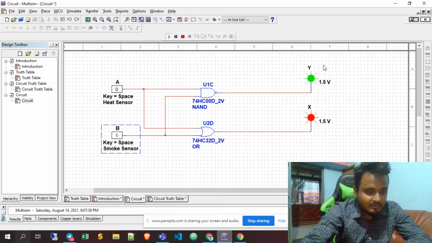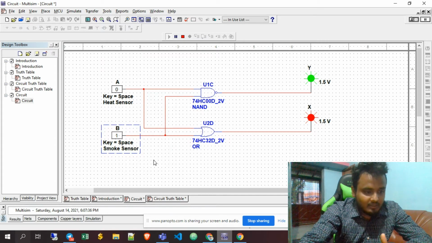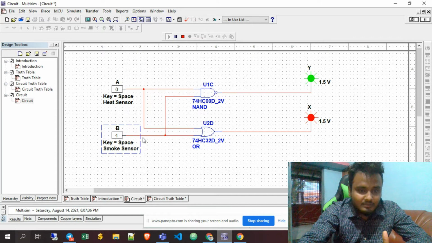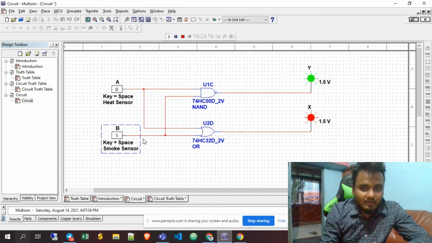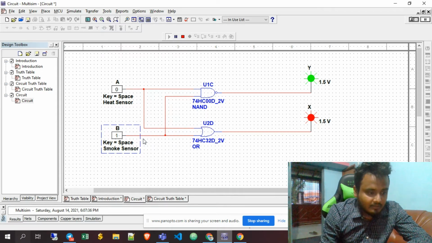What we can see here is that the heat sensor is off, but the smoke sensor is on.